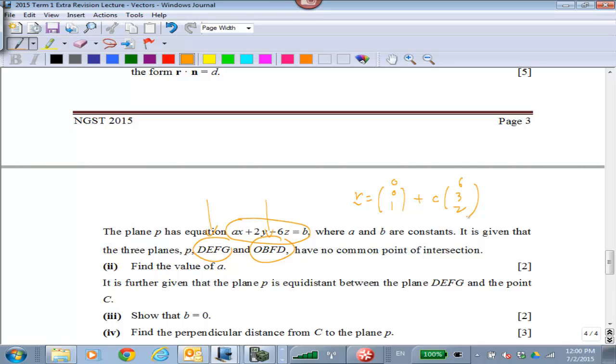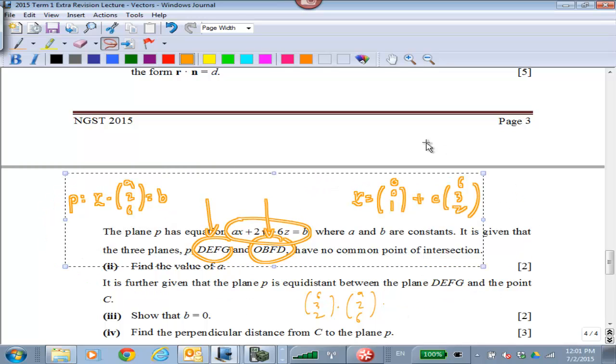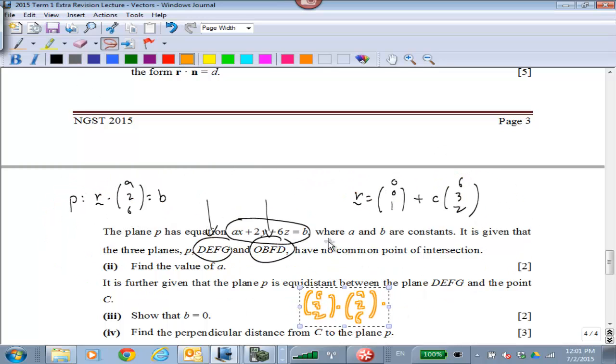Then, how do you actually find the value of a? If I tell you that these 3 planes have no common point of intersection, the plane P looks like this: r dot a, 2, -6 equals b. Okay, 6, 3, 2 dot a, 2, -6 is... it's -6?